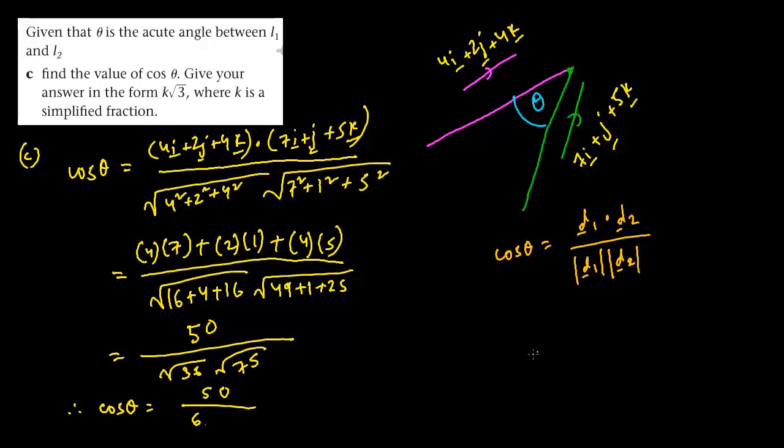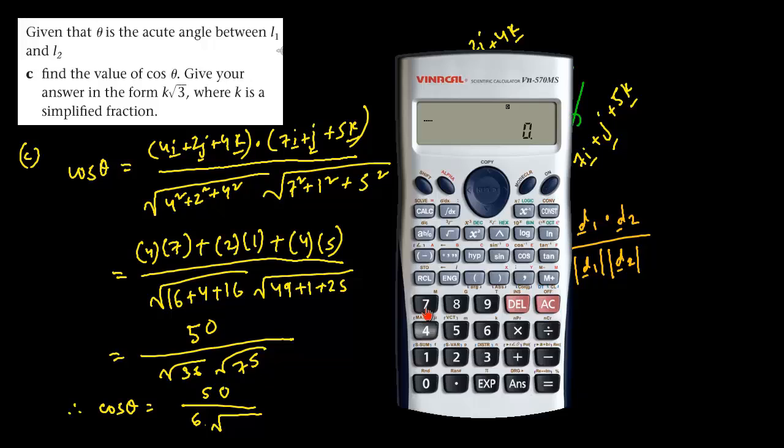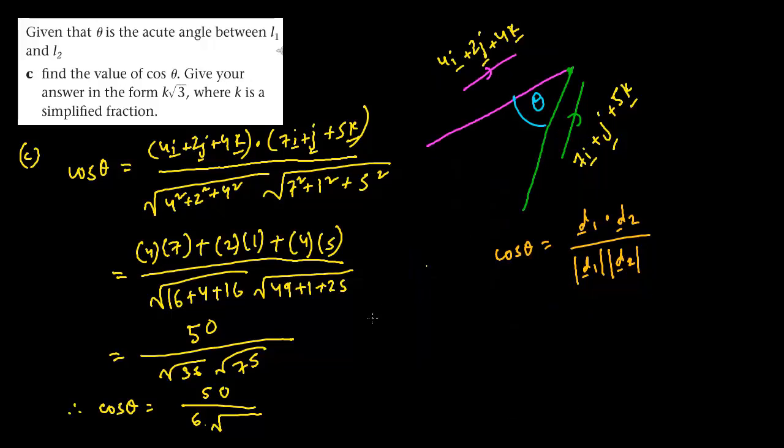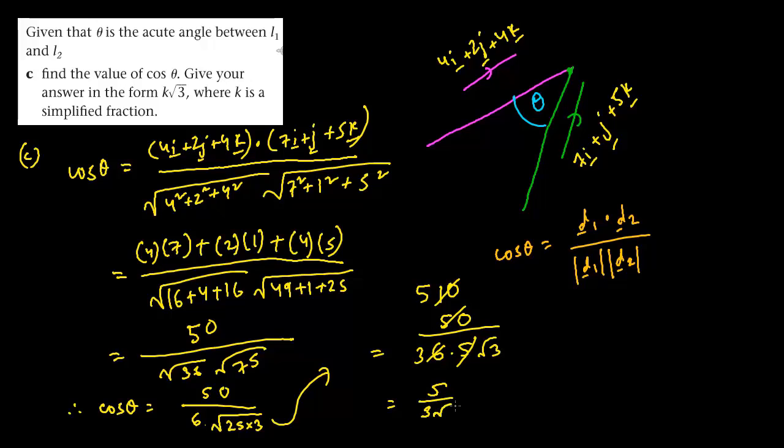And 75 can be written as 25 into 3. So it equals 50 by 6 times the square root of 25 is 5, square root of 3. So 5 tens are 50. 2 fives are 10. This is going to be 5 by 3 square root of 3.